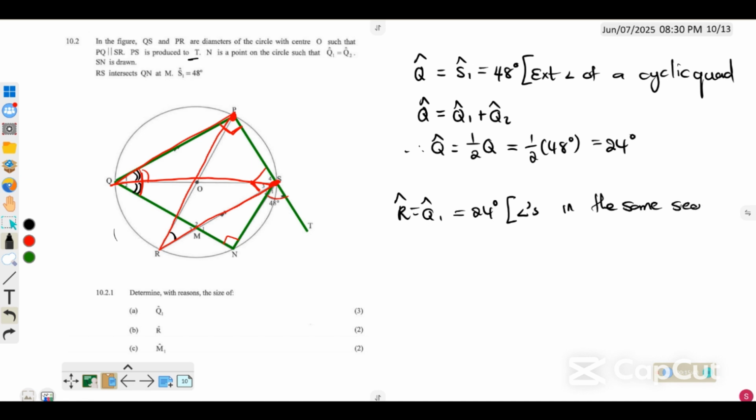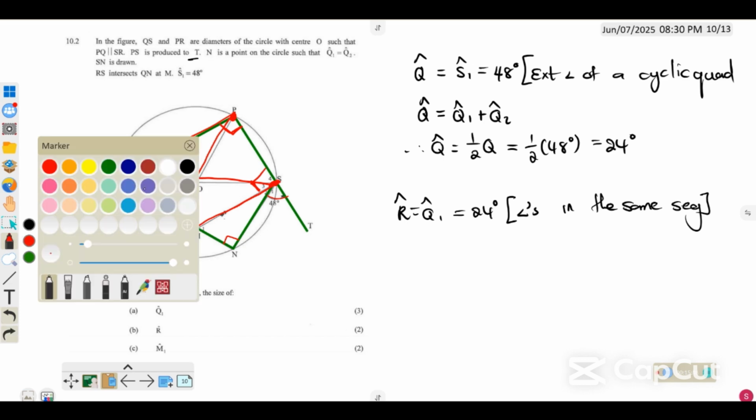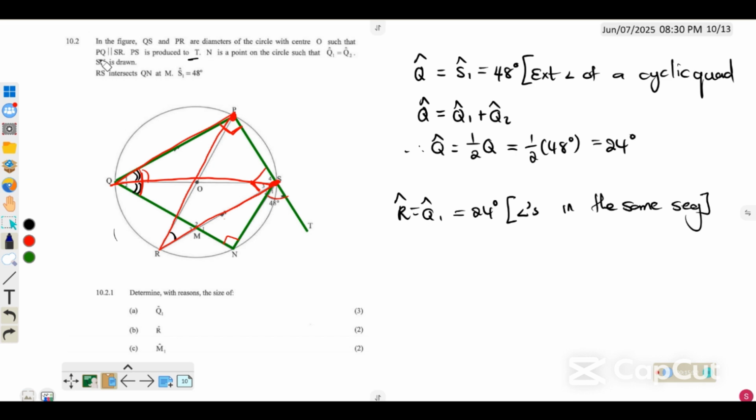Previous theorems. And then we have angle M1. We have to find angle M1. Where is M1? M1 is this angle right here. You should try by all means to use everything that has been given to you. They spoke about parallel lines, but I don't remember using parallel lines. So if I look at that, then you will see the following. This line right here, let me try to remove some stuff.